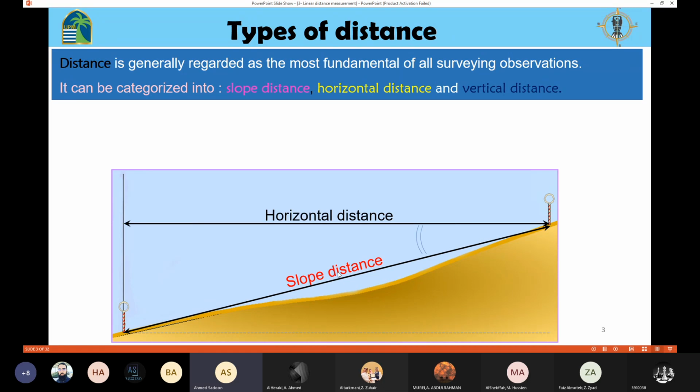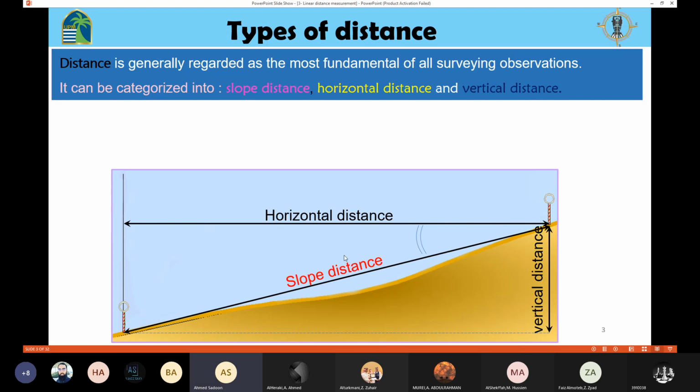If you measure this distance from here to here, horizontally, we call this horizontal distance. In the case of horizontal distance, we ignore the slope. And if you measure this distance from here to here, we call this vertical distance.